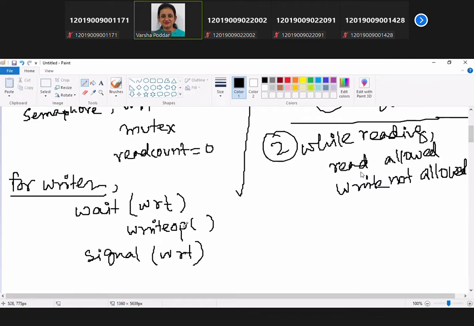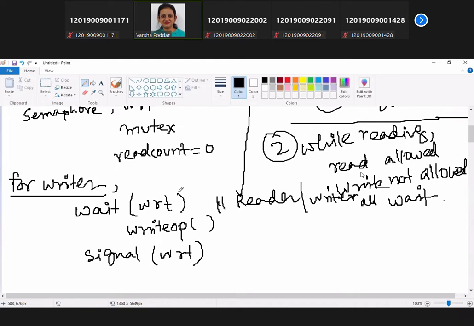Now if I go for the reader, you have understood, for the writer I am taking a write semaphore, and that write semaphore is doing what? While I have started my writing, it makes the others wait. So when I am doing wait of WRT, that means any other process who is trying to enter, be it reader, writer, anyone, everyone has to wait strictly.